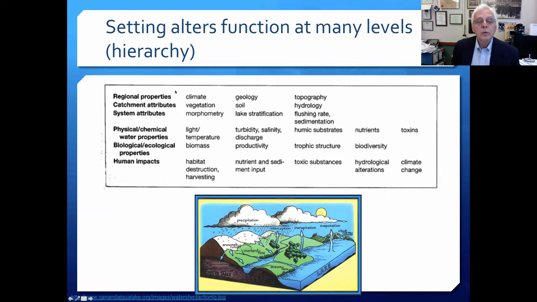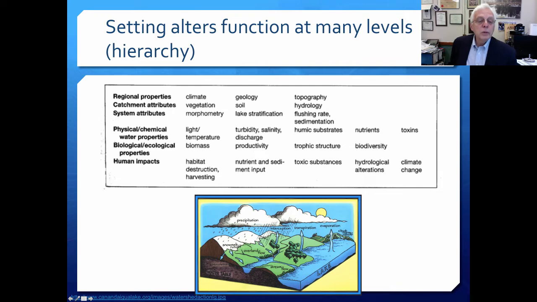So if we start with the regional properties and think about what varies, what creates the setting in a regional sense, we can think immediately of climate, geology, and topography. A catchment is the area, as you see below in this figure. The catchment is the area of Earth that catches water that flows into an aquatic system.